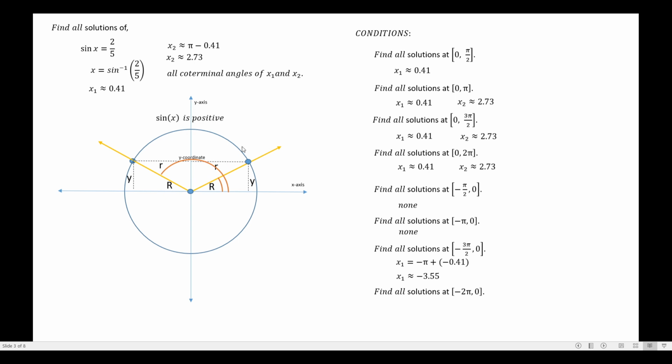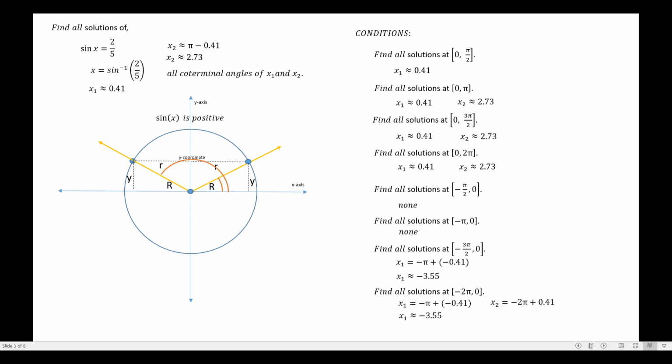All terminal sides will be considered. We have the value of approximately negative 3.55, and we will get this value considering clockwise revolution. Going to this terminal side will be negative 2 pi plus 0.41.